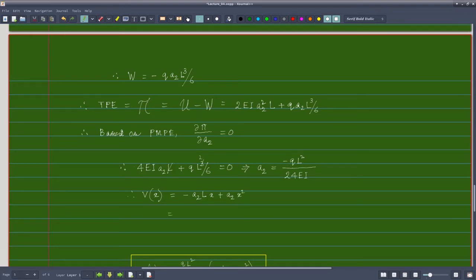So minus a2 L will give me qL cube by 24 EI into x, minus a2 x square.